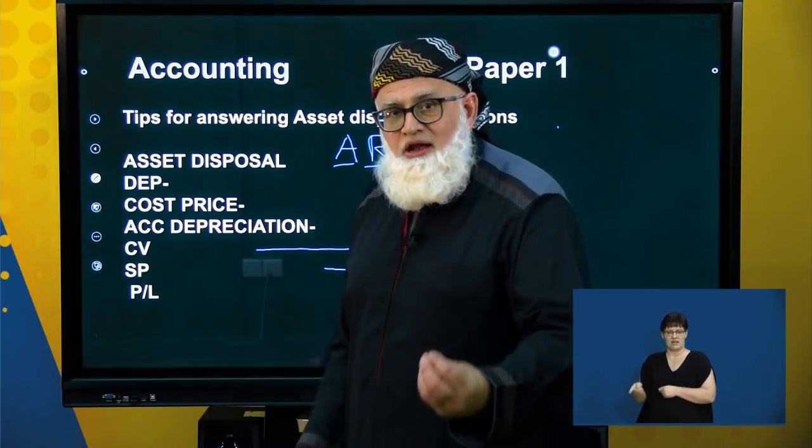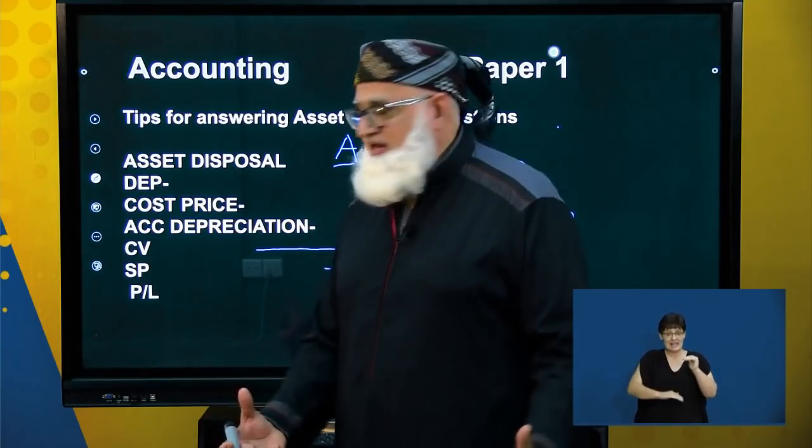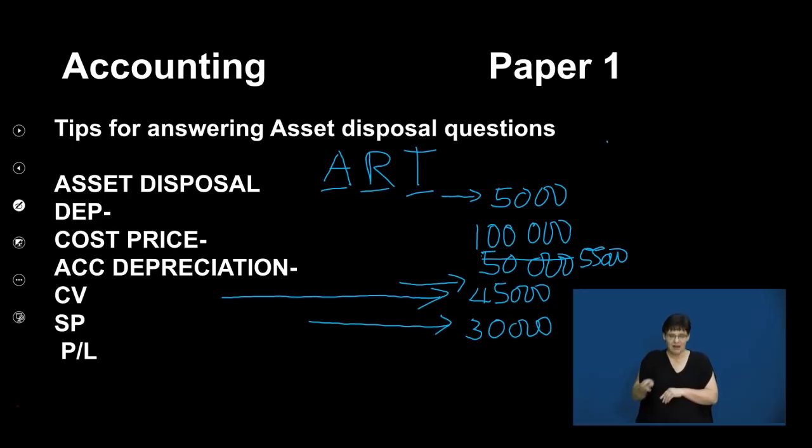And when you sell for less than the carrying value, then you have made what we call a loss on sale of asset. In other words, we've incurred an expense in the disposal of the asset. We sold it for less than its carrying value. Carrying value is also referred to sometimes as the book value. That means the current market value of the asset.